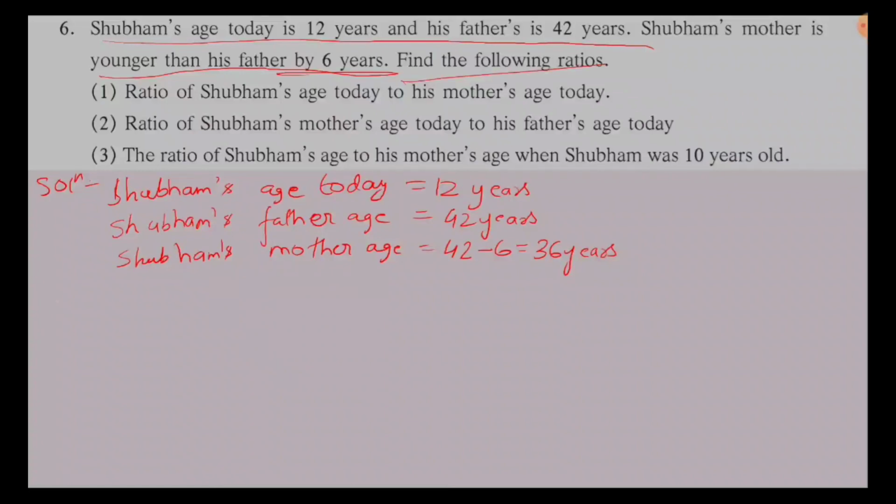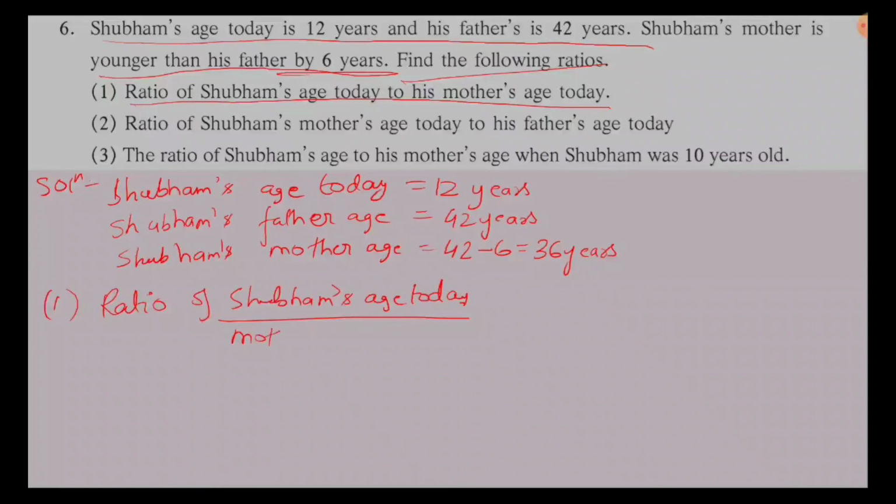Now we can start the sum. What is the first ratio which we have to find out is ratio of Shubham's age today to his mother's age today. Okay, so what is the age of Shubham?